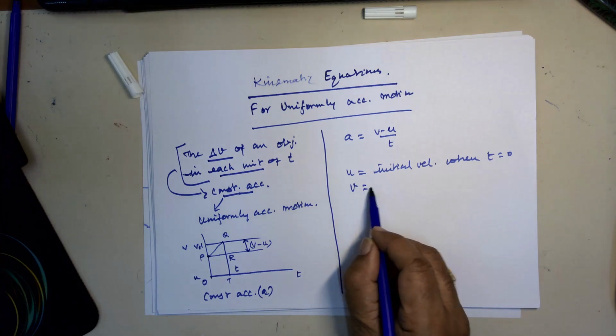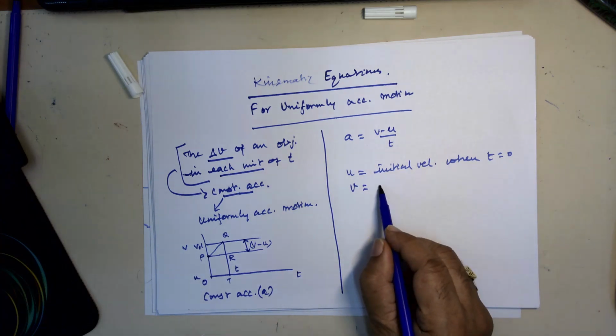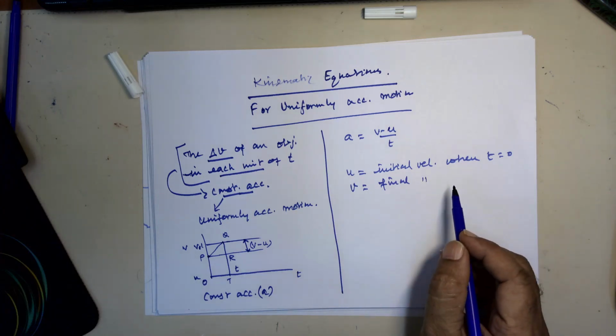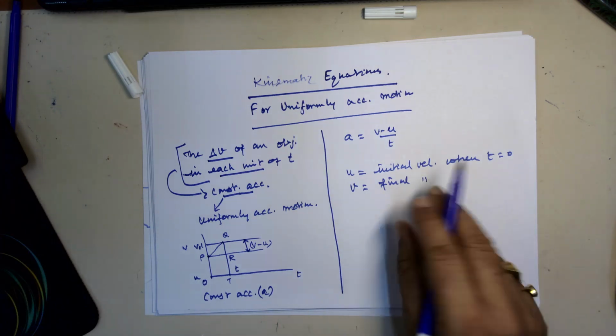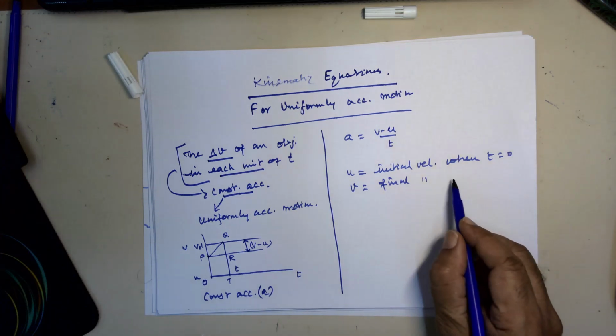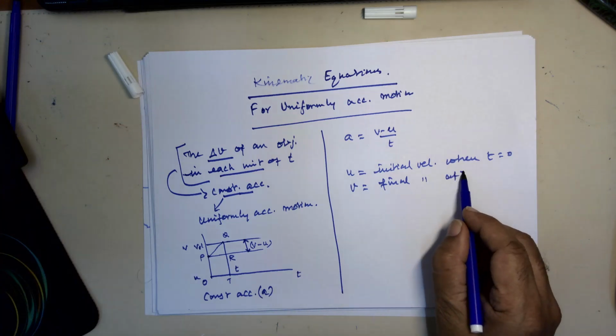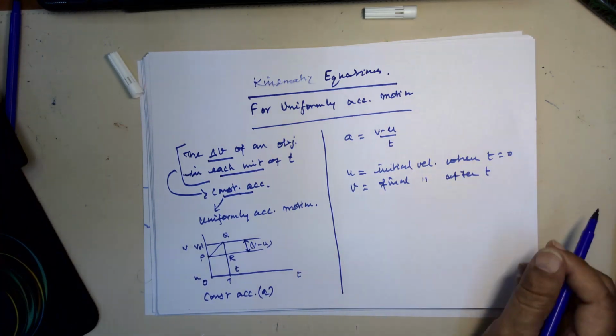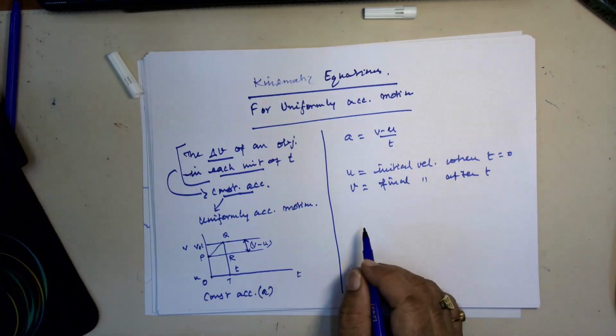What about v? That is the final velocity at t, that is when the object moves after t time. So t is the time interval.